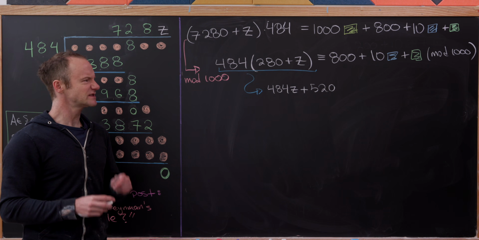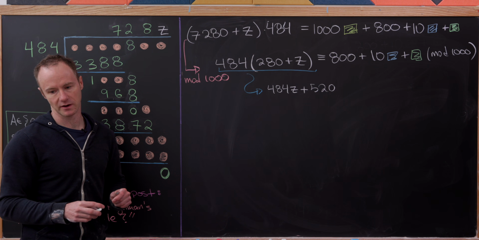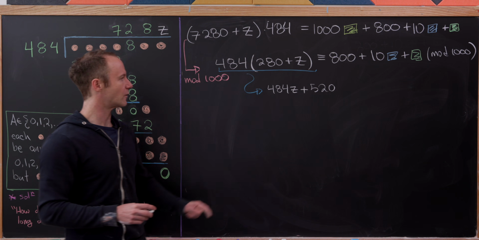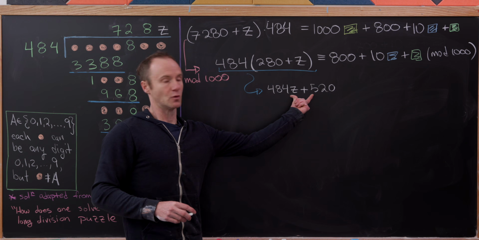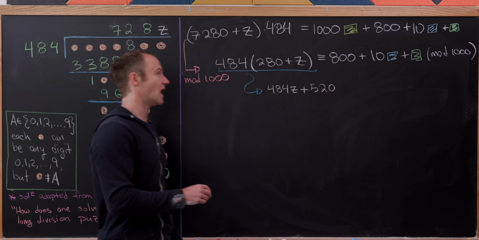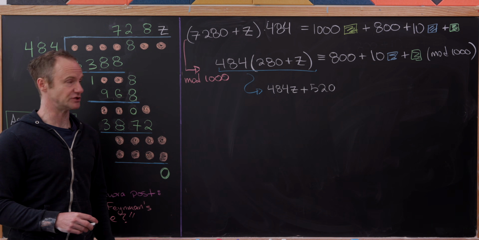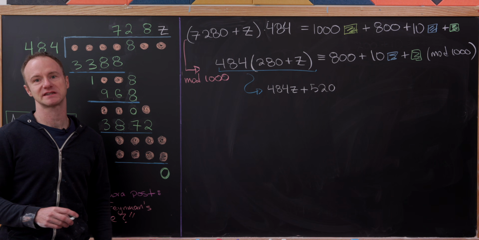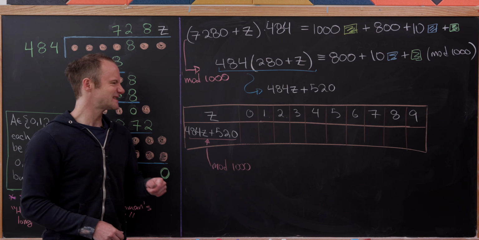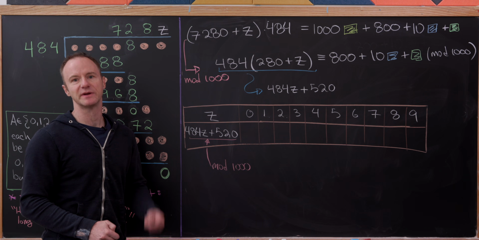Okay, so now let's look at what we're really going for here. What we're really going for is some object of this form, which gives us an 8 in the hundreds digit after we reduce mod 1000. I think our best bet here is just to test all the possibilities with a chart. And so this isn't fancy or anything, it just takes a little bit of calculation.